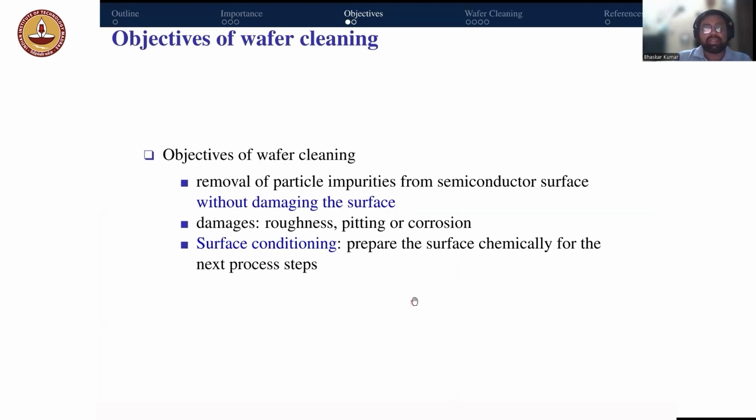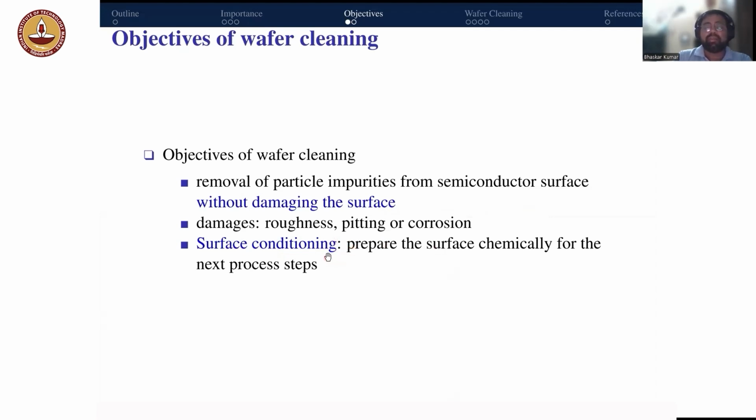As they remove the impurities, they also damage the surface in a way, some less than others. These damages are seen as surface roughness, pitting or corrosion. So we try to minimize this damage while we employ these solutions for removal of particles and contaminants. The other point is surface conditioning, which needs some clarification.